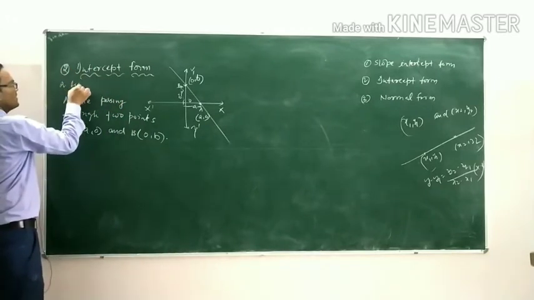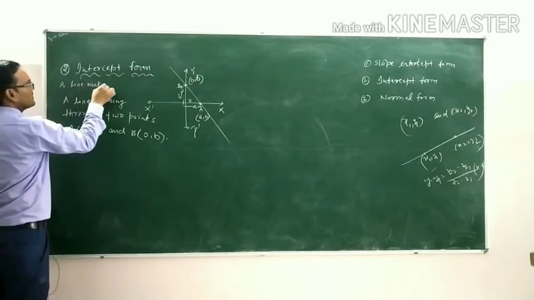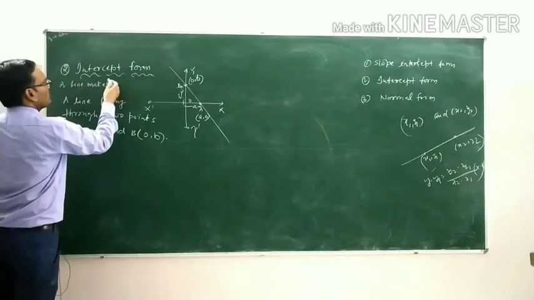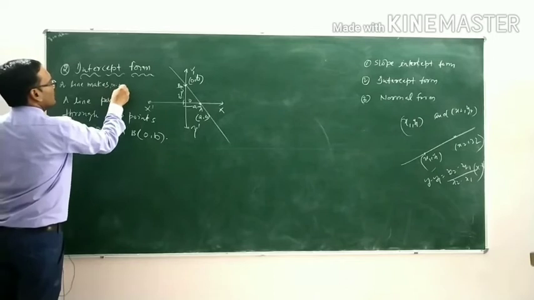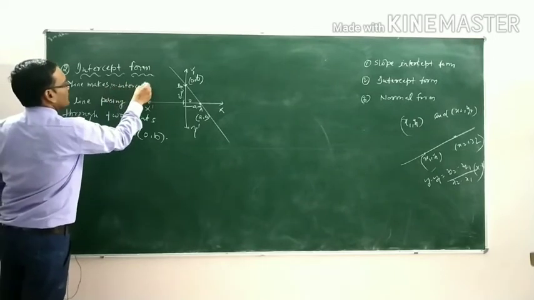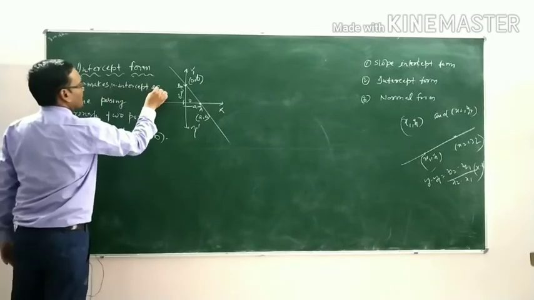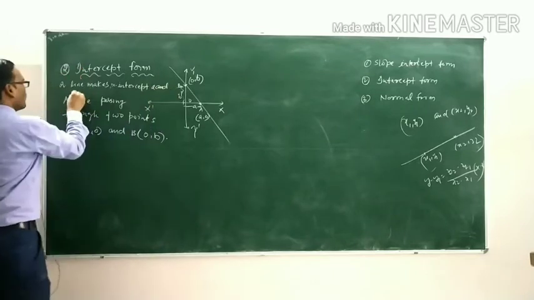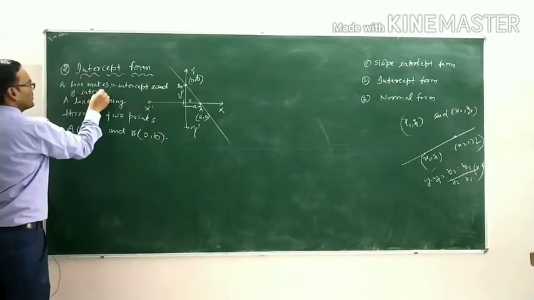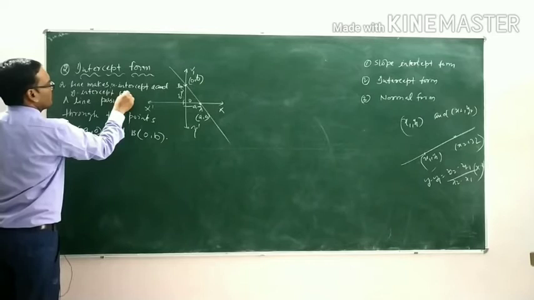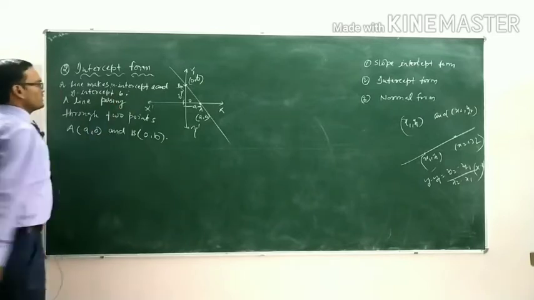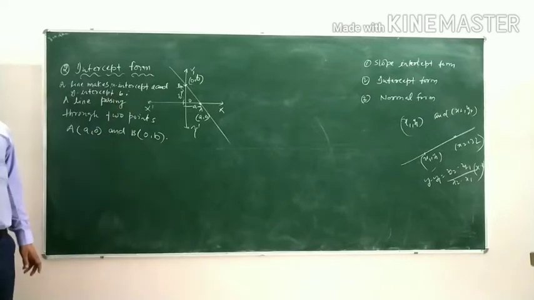Okay, here a line makes x intercept A and y intercept B, then we find the equation of the line.